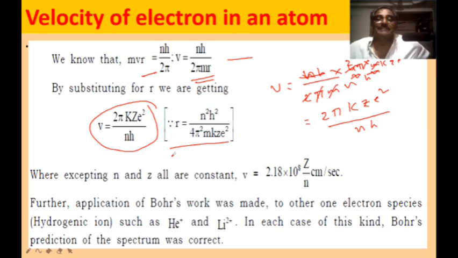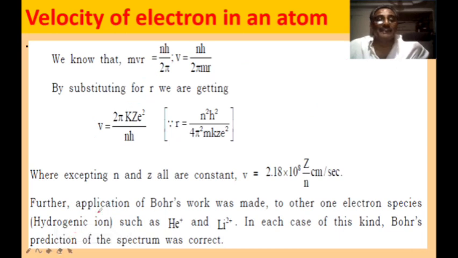In this equation, all the values are constants except z and e. What are the constant values? The pi value is constant, the k value is constant, the e value is constant, and the h value is also constant.